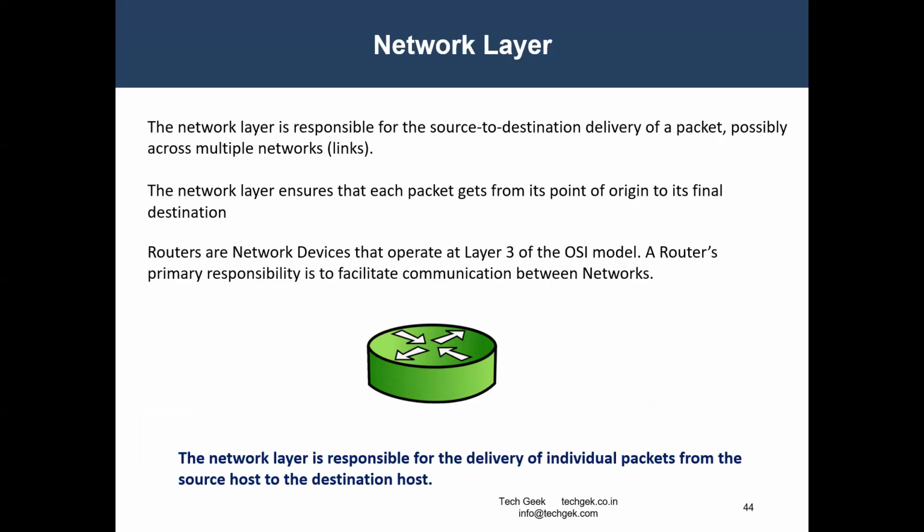Routers are the network devices that operate at layer 3 of the OSI model. A router's primary responsibility is to facilitate communication between networks. The network layer is responsible for delivery of individual packets from the source host to the destination host.